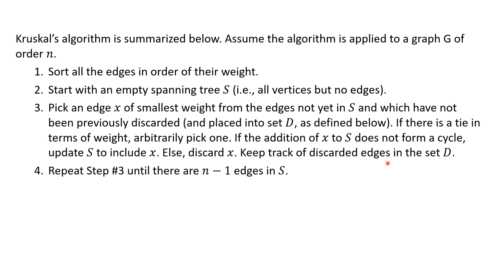Keep track of the discarded edges, because we're not going to repeat those, as noted earlier in the directions. And then we keep doing this. Repeat step 3 until there are n-1 edges in S. So basically we're going to end up with a tree, which is given a name here, that's what you would expect, right? Spanning tree.